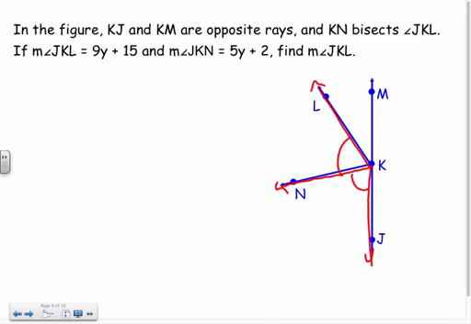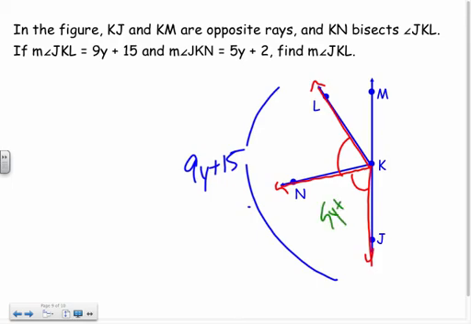That's this whole thing right here. That's 9y plus 15, that big angle. And JKN, this one right here, is 5y plus 2. It says find JKL, which is the first one we're looking at.